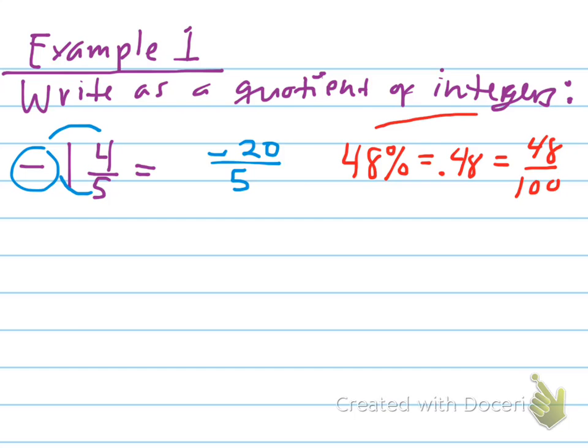You could skip right to this point and it would still be correct and fine. What's another one? The book gives us 0.6. Because this is in the 10th spot, we're going to put 6 over the number 10. And that is a quotient of integers for that number. So that's all you're doing when you're given different kinds of numbers. You're putting it into fraction form.